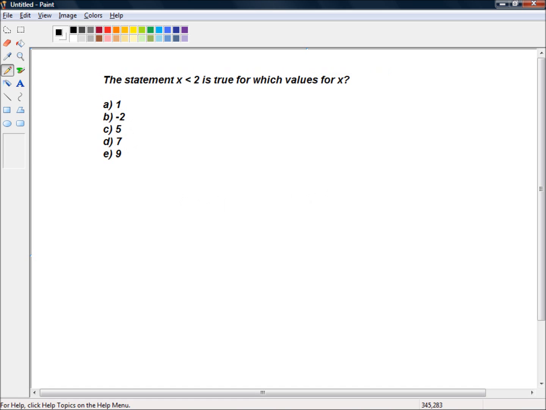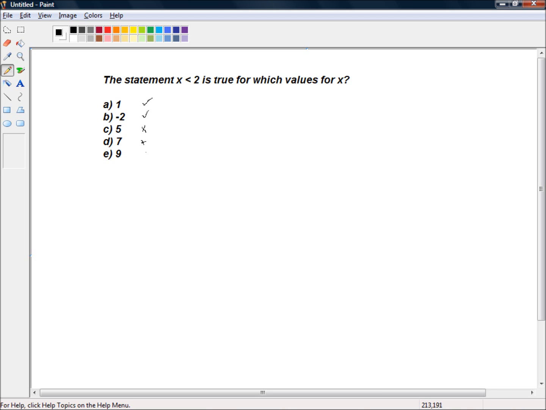Okay, in this question we're told the statement x less than 2 is true for which values for x? And we're given the numbers 1, negative 2, 5, 7 and 9. Well, 1 is clearly less than 2. Negative 2 is smaller than 2. 5 is obviously bigger than 2, so that statement is false. 7 is bigger than 2, so that statement is false.